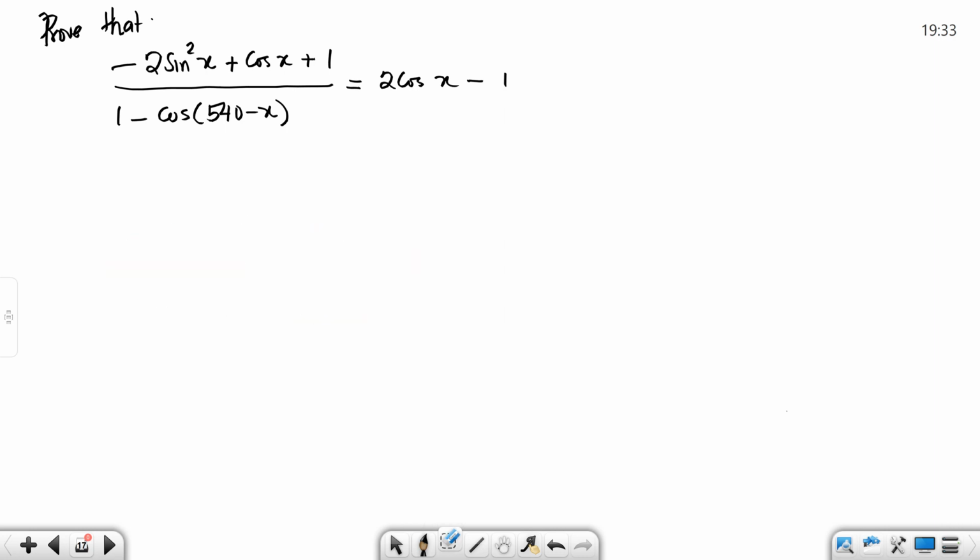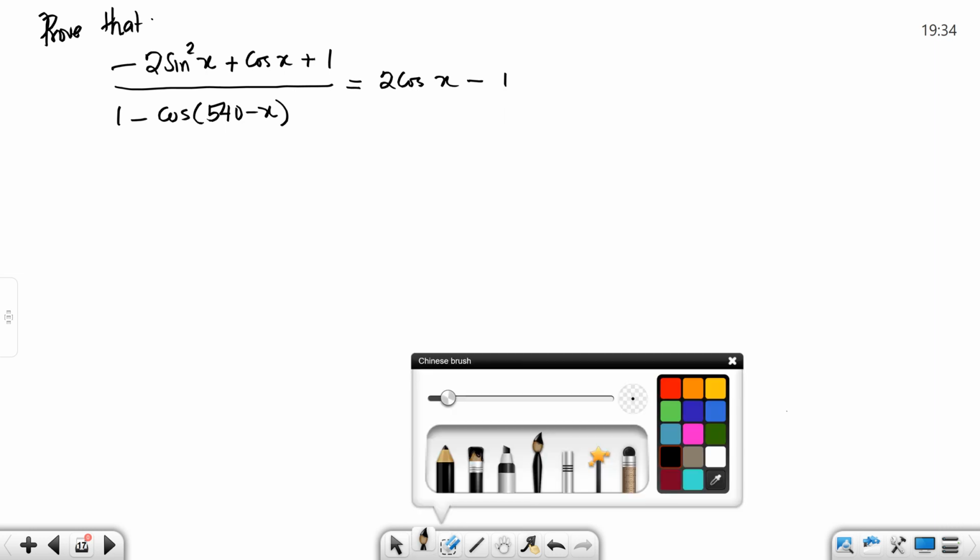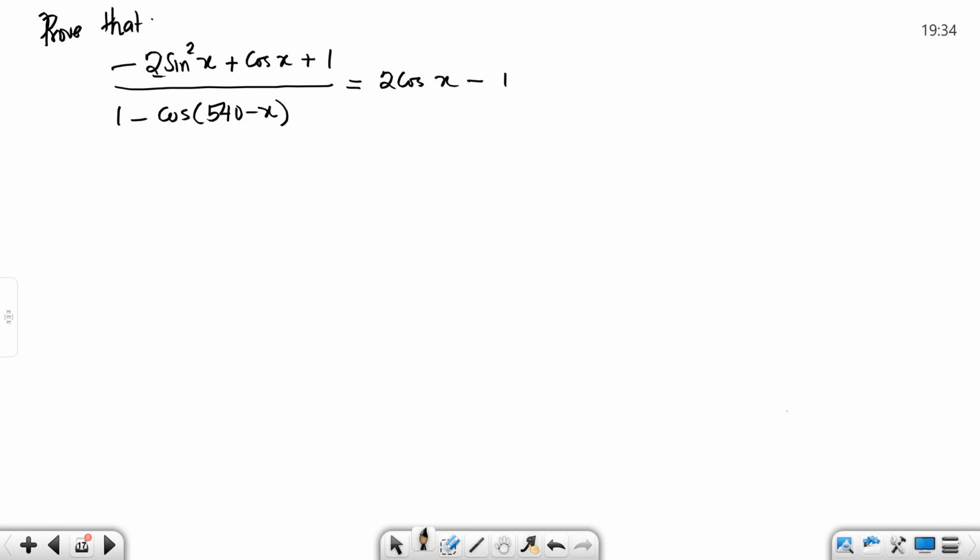So let's try to bring in cos. Do you notice our answer doesn't have any sine? So let's change all sines to cos. Now, please look at this. What is sine squared x? Remember sine squared x plus cos squared x equals 1. So sine squared x is 1 minus cos squared x. Are we okay there?